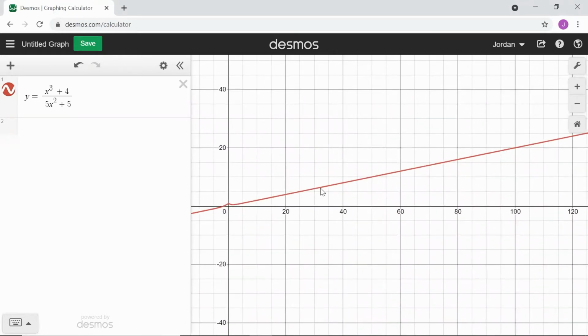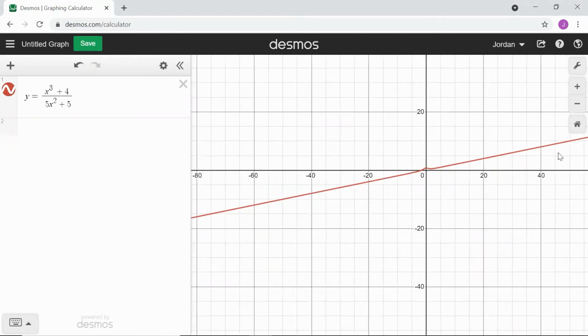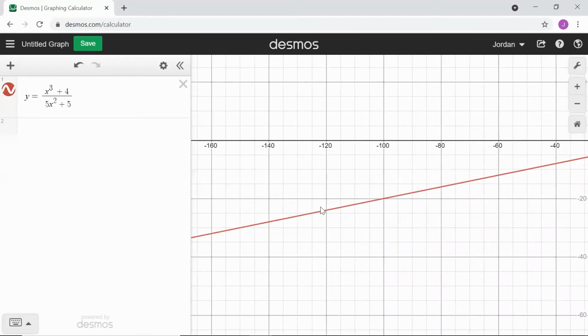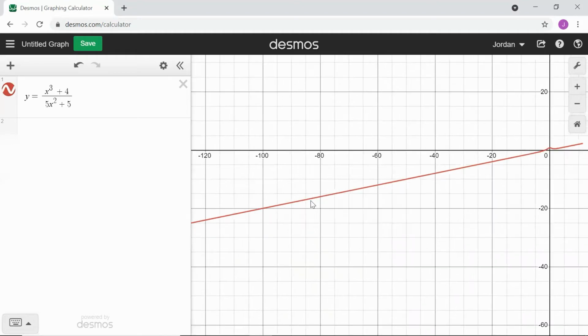As the x value gets bigger and bigger and bigger, the y value on this graph is also increasing. As the x value gets smaller and smaller and smaller, the y value is also getting smaller and smaller and smaller. It's decreasing.